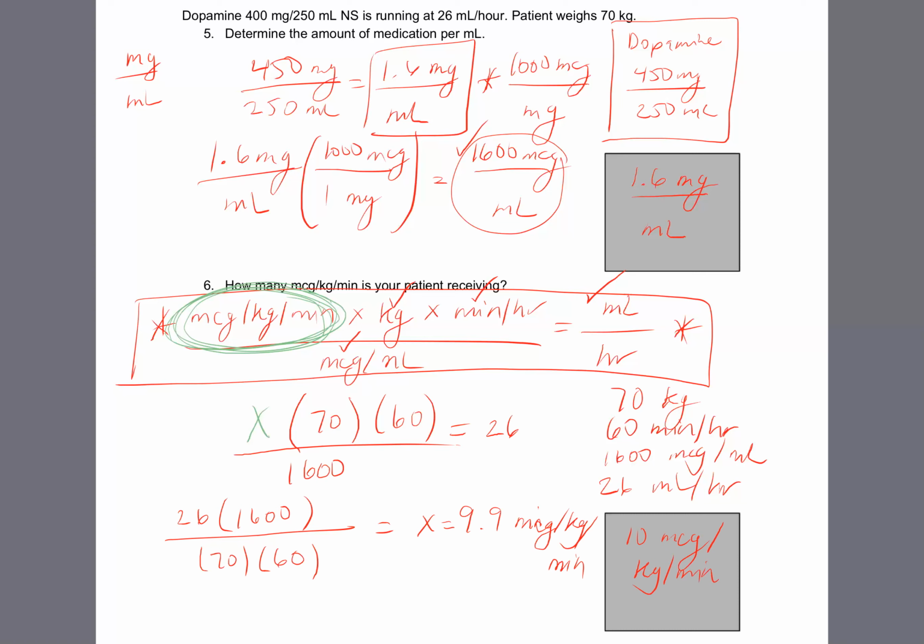So final answer for number 6 is 10 micrograms per kilogram per minute.